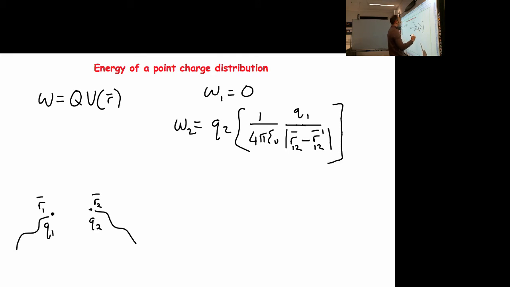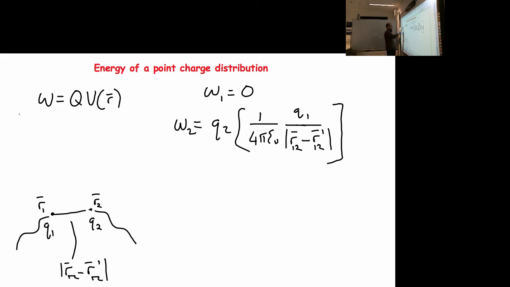Okay, so that's the work that will be done on our point charge number 2. Again, this distance between the two charges is given by R12 minus R prime 12.